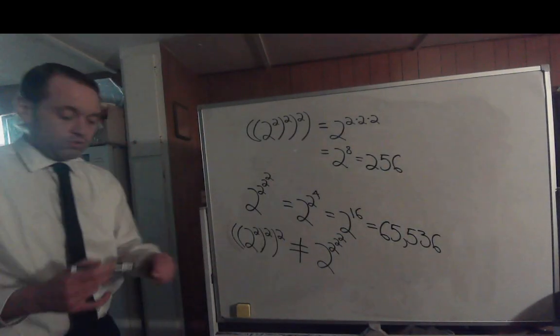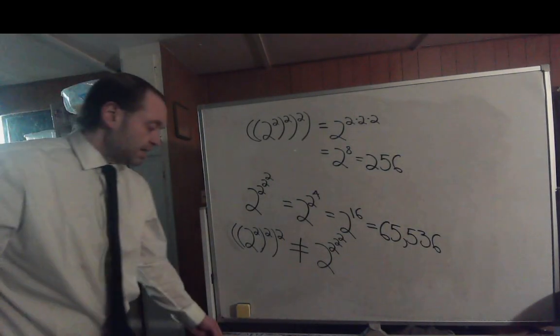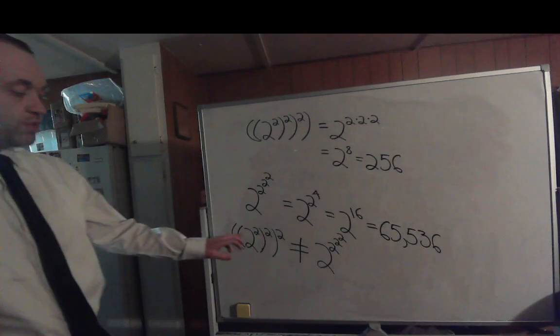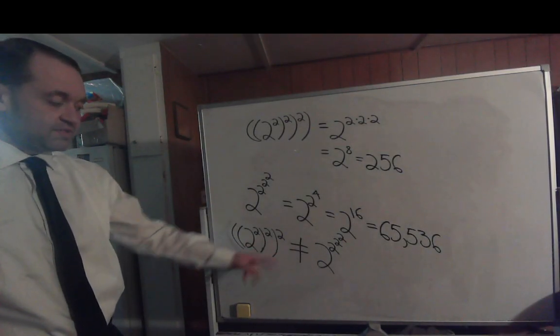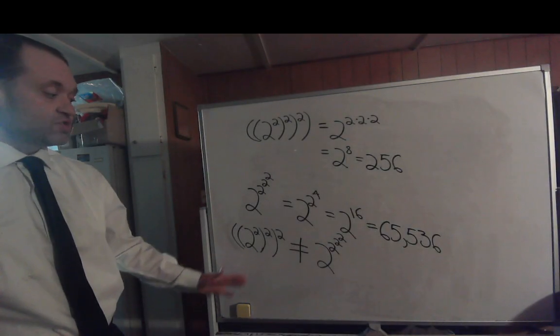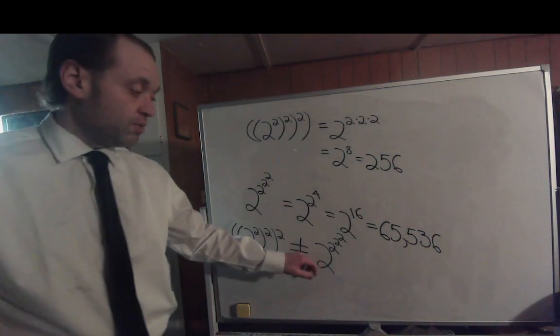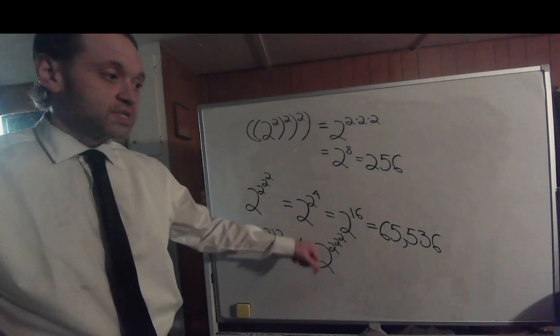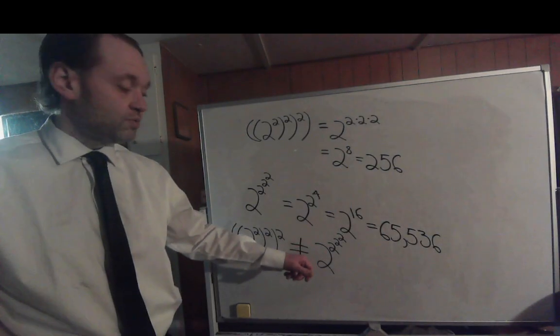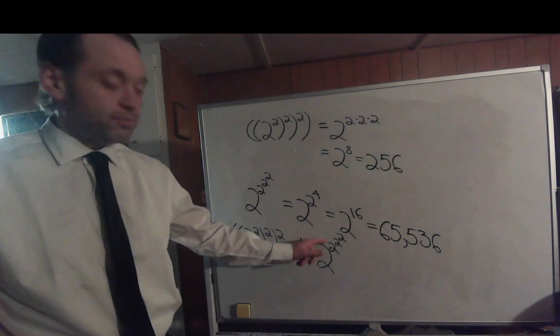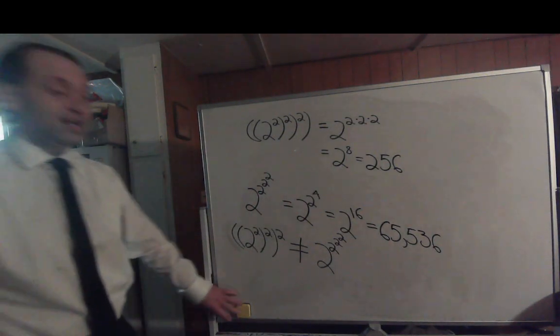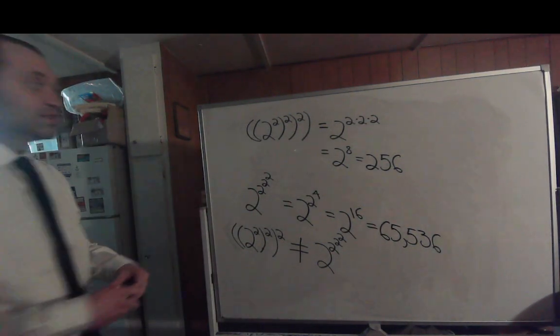They do not equal each other. Because when you raise a power to a power on the left side with the parentheses, you're just multiplying the powers together. When you do a power tower, you start with your outermost power, take the power to the power, and then you'll get that result, raise the other powers to those powers, and then you get quite different results.